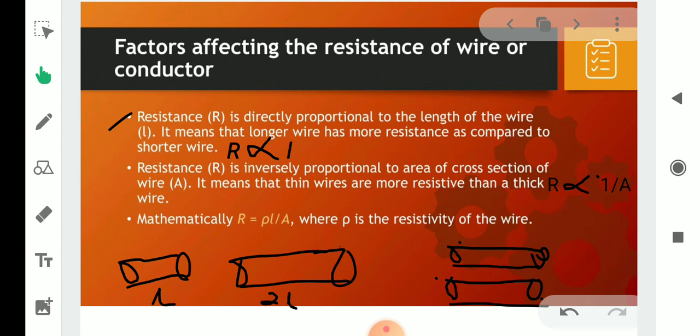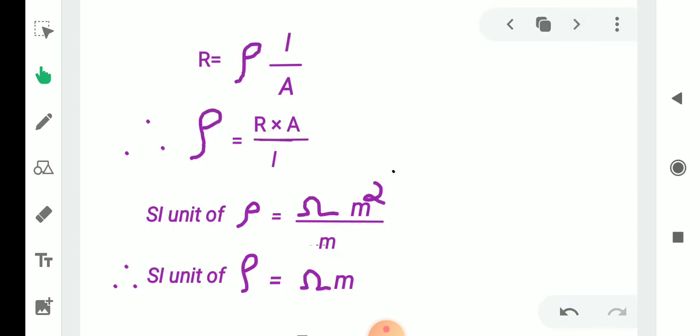Mathematically, if we combine these, R is directly proportional to L and R is inversely proportional to area. If we remove the proportionality sign, we get a constant which is called resistivity. This symbol is read as rho, R-H-O, rho.